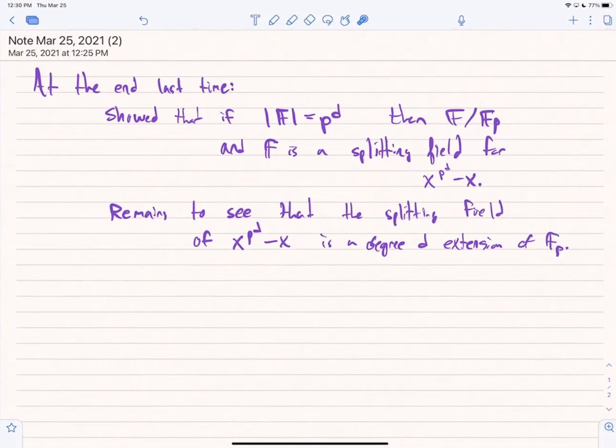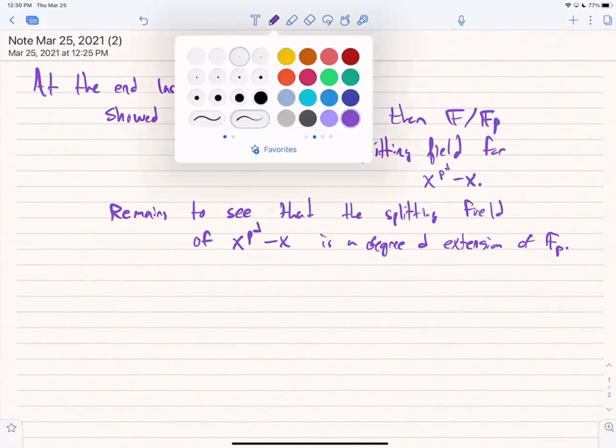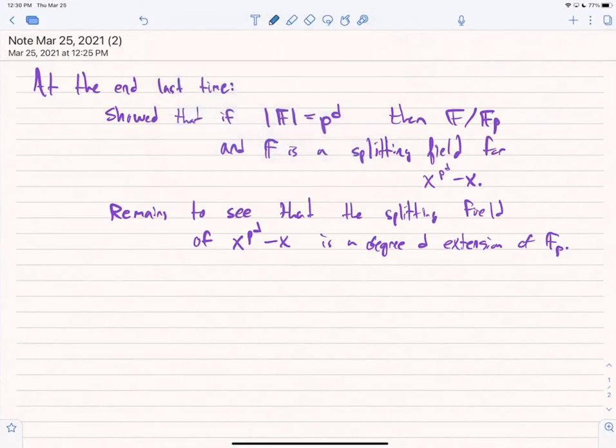And then we'll explain that the elements that are the roots of this polynomial actually form a subfield, and then that subfield has to be equal to the splitting field itself. Okay, so that's where we're going to get in terms of that proof today. So that's how we'll rescue me from the end of class last time.